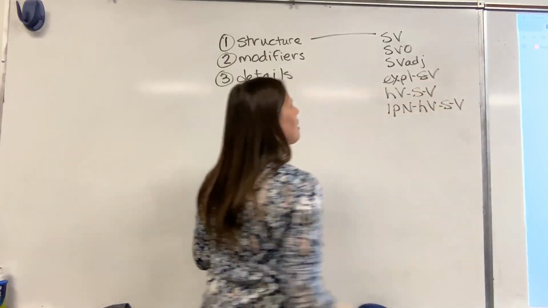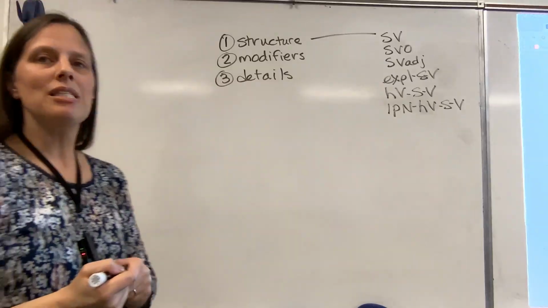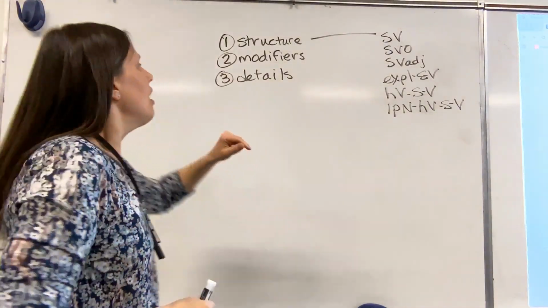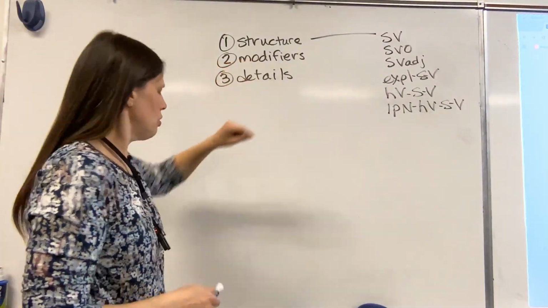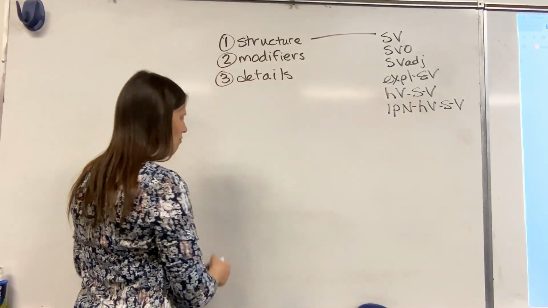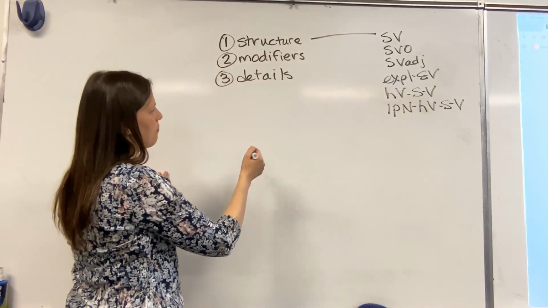Let me just do that to make it a little clearer. Those are the 6 basic structures that I teach, and I would like to just use a simple one. I'm going to use SVO in my example today.